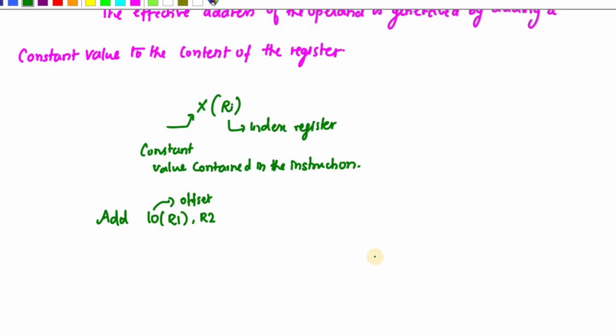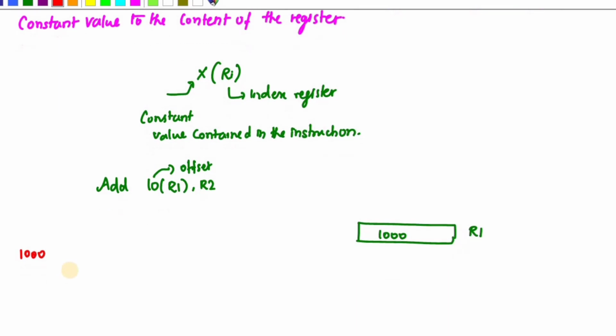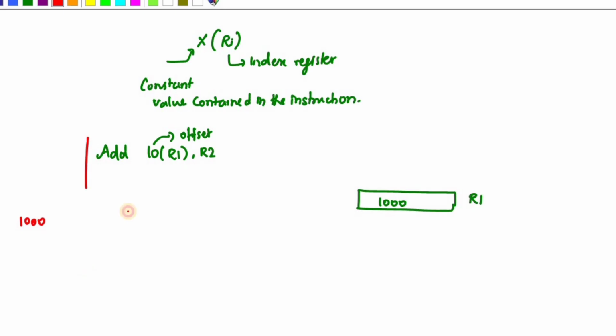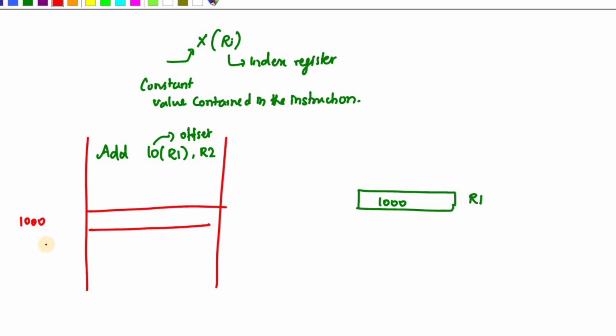So if you see in the general purpose register, my R1 represents some address. The content of R1 is nothing but 1000, so the 1000 represents the address. You go to the 1000 and you have some content, and you have to add 10 with this value.